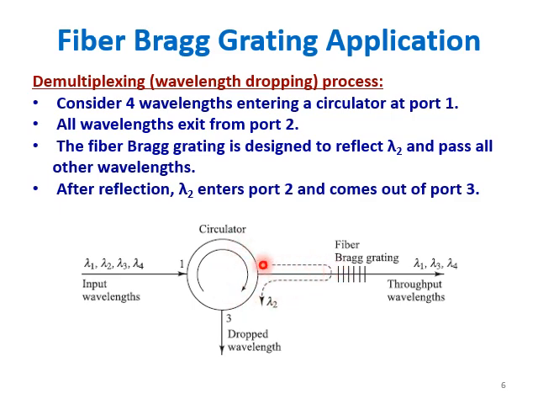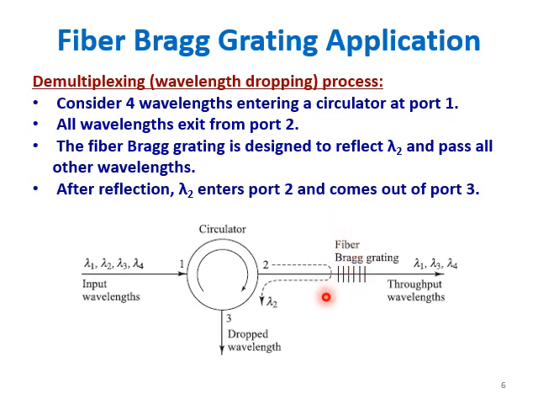As the property of an optical circulator says, when the input comes at port 1, it goes out at port 2. So all the wavelengths lambda 1 to lambda 4 coming at port 1 need to go out at port 2, but we have connected a fiber Bragg grating at the output of port 2.